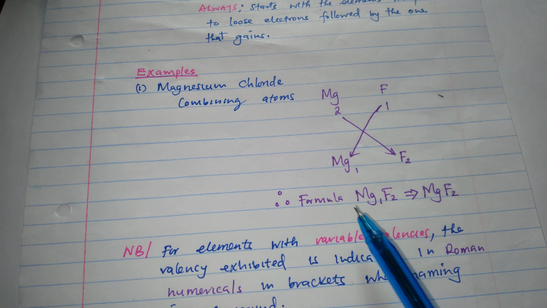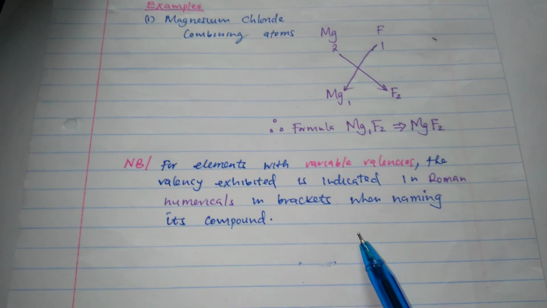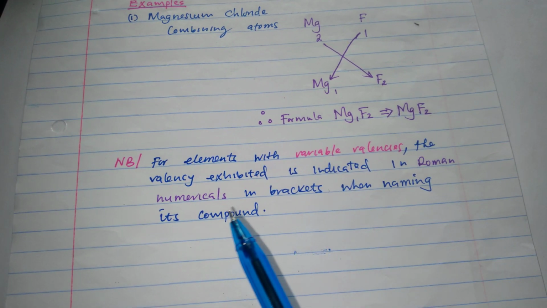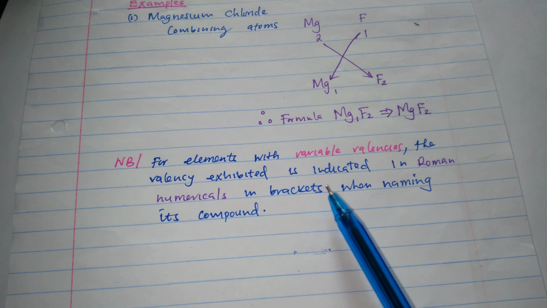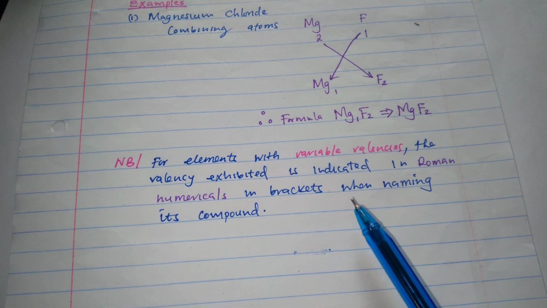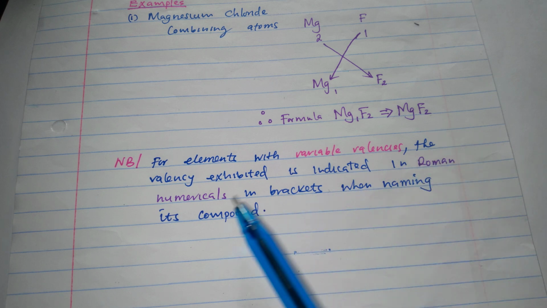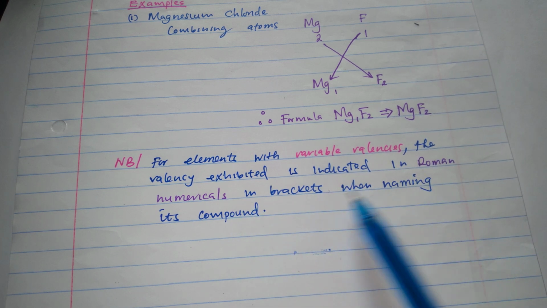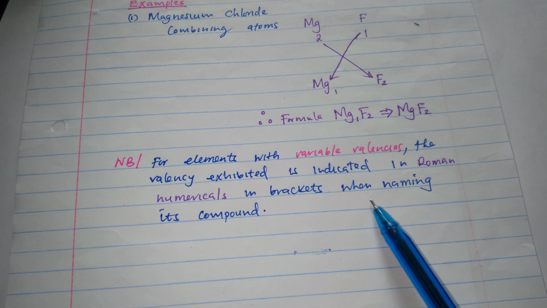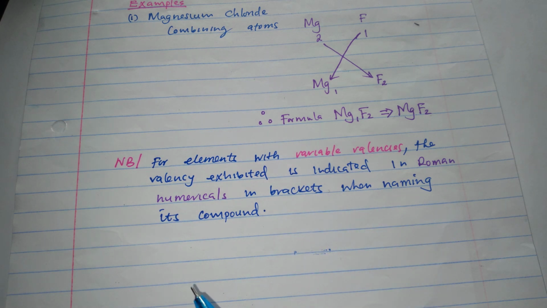One thing we also need to keep in mind is that for elements that have variable valencies, or more than one valency, the valency exhibited is indicated in Roman numerals in brackets when naming a particular compound.